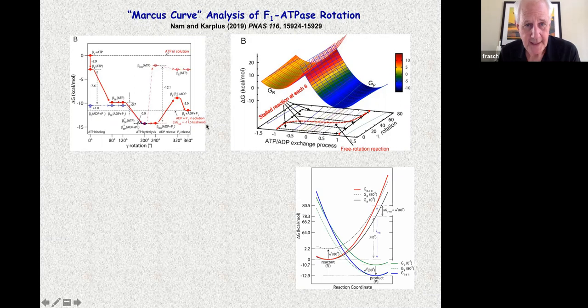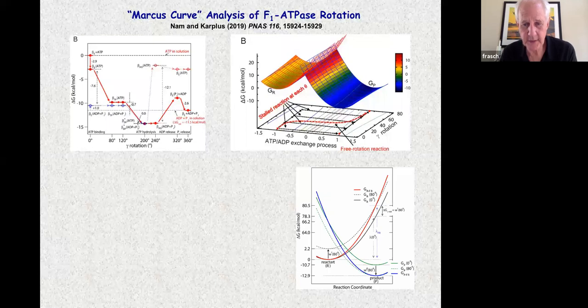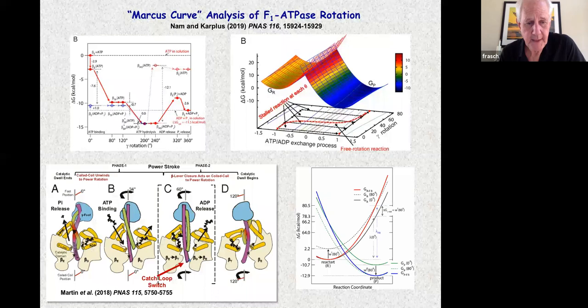And again, coming back to the work of Karplus that he did just recently, where he did these energy calculations, he finds something very similar, phase 1 to phase 2, and this crossover point right here. We project that our data will be consistent with the exchange of the catch loop as it goes from one site to the next.